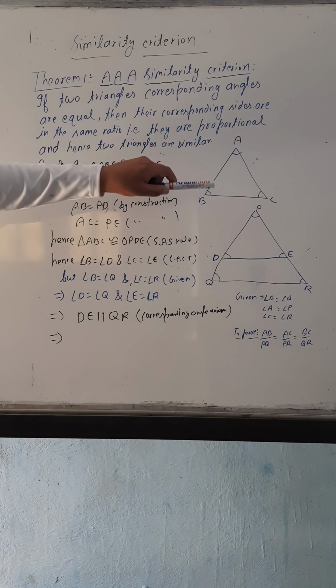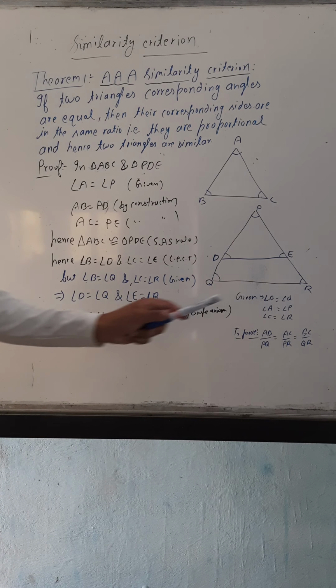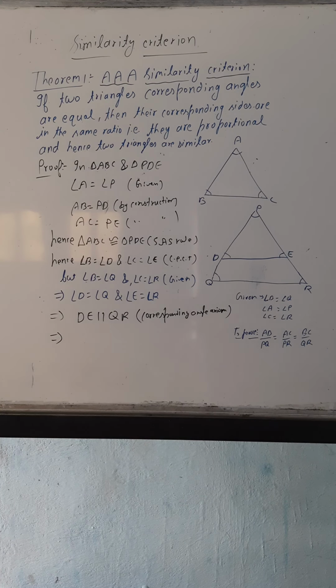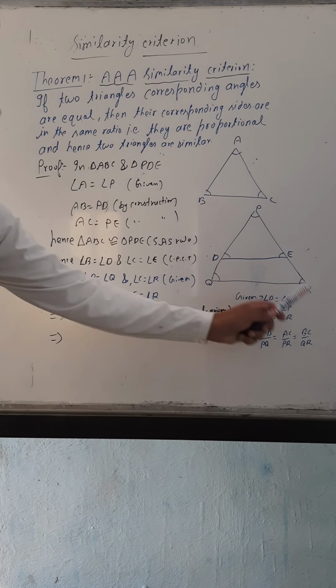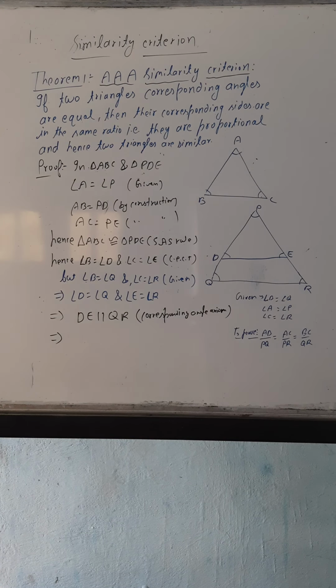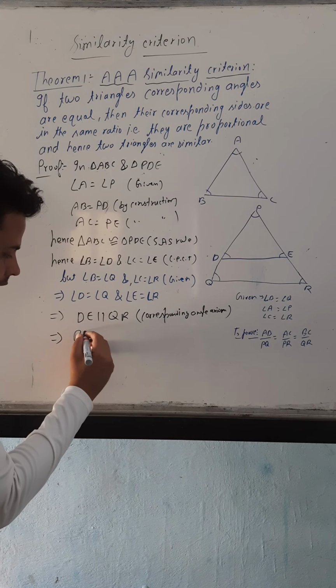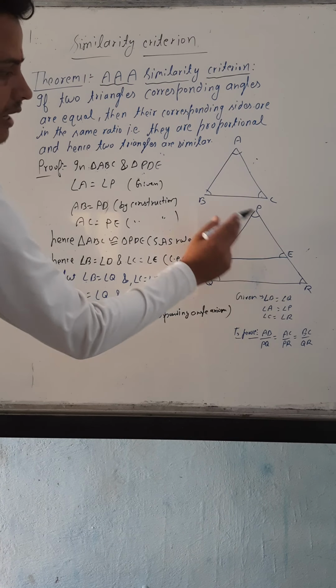The converse of BPT says that PD by DQ is equal to PE by ER, or you can say PQ by PD. I told you that when I was discussing the converse of the BPT and the BPT. You can write PQ by PD also is equal to PR by PE. So it implies PQ by PD will become equal to PR by PE.